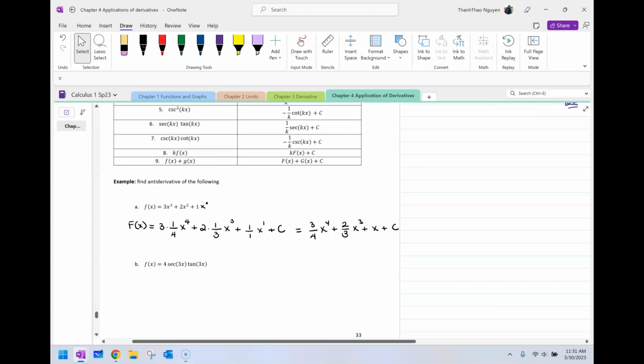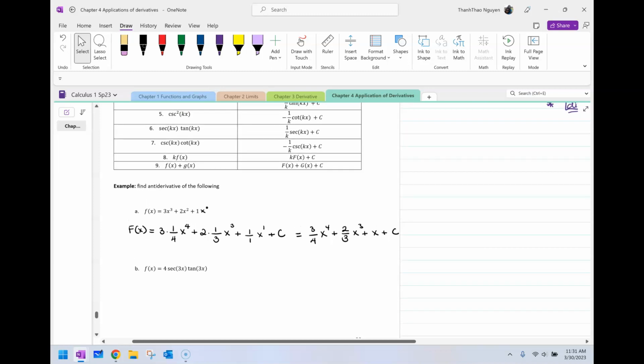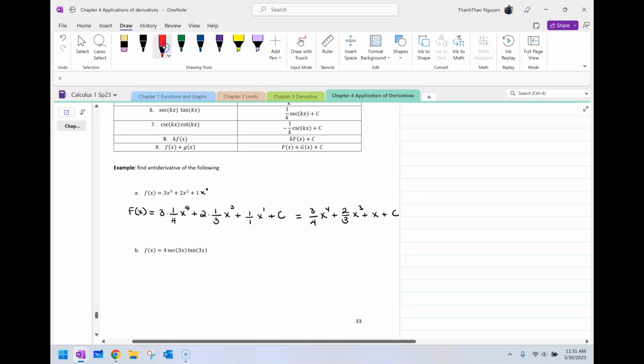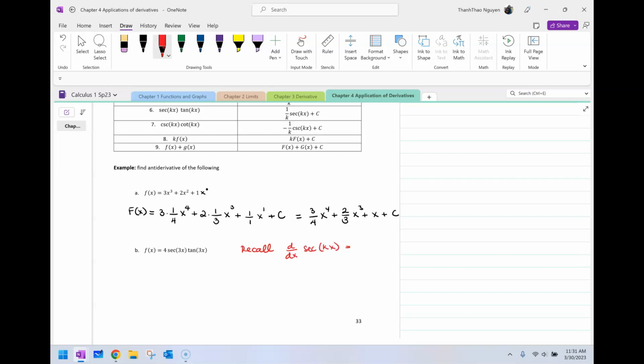Okay. Here we have 4 secant 3x tangent of 3x. Recall that the derivative of secant of kx is equal to k times secant of kx times tangent of kx.